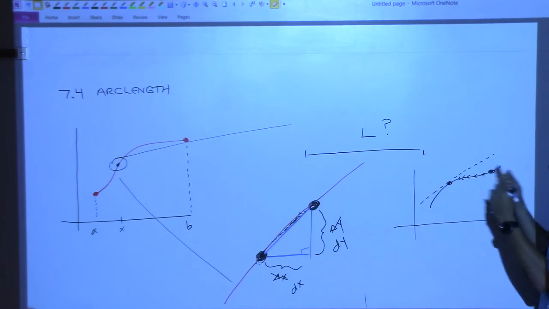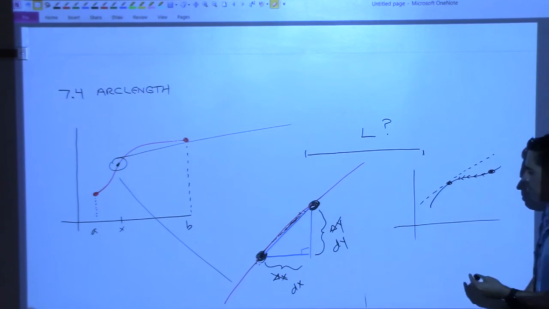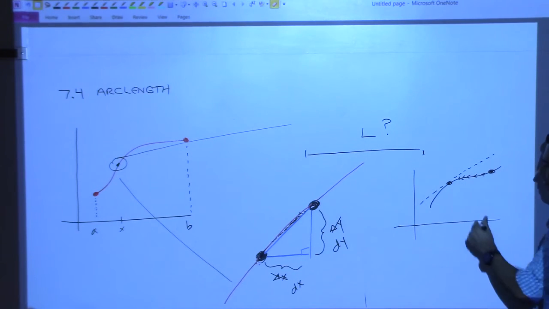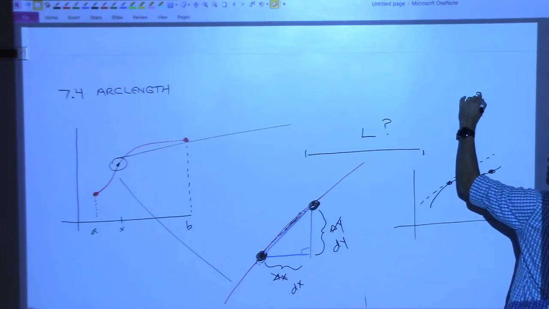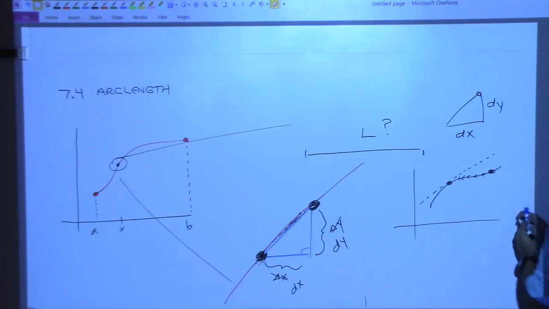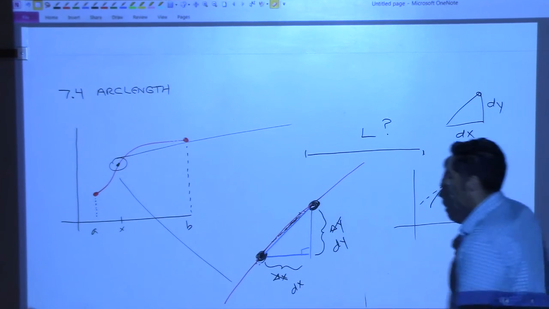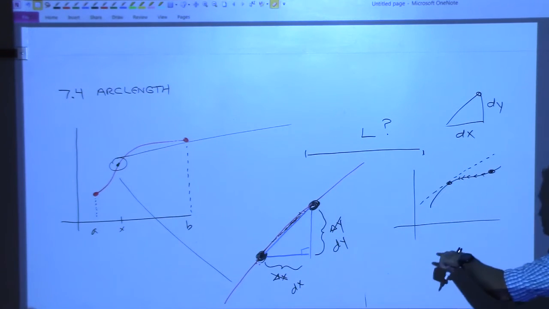But in the limit, we could find what it approached. What's rise over run here? dy over dx. And dy over dx is the derivative, and that represents the slope of that line, rise over run. Okay, you buy that? All right, so we've got this little triangle.